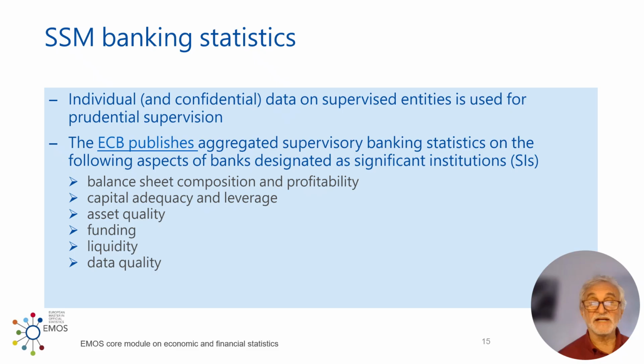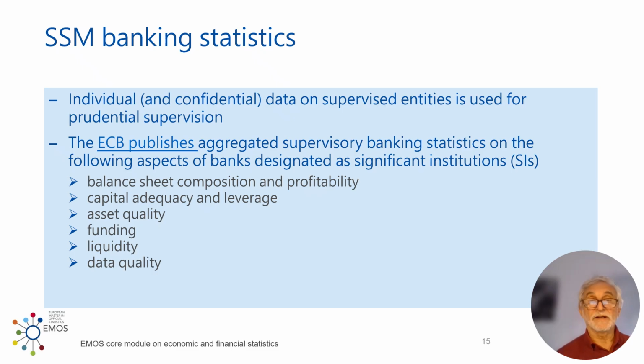The other big task of the European Central Bank and the Eurosystem that I mentioned already before is micro banking supervision. So banking supervision, since November 2014, ECB is in charge of banking supervision. Now, banking supervision means that you are monitoring individual banks.